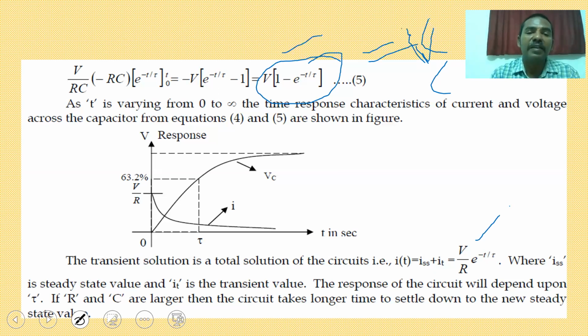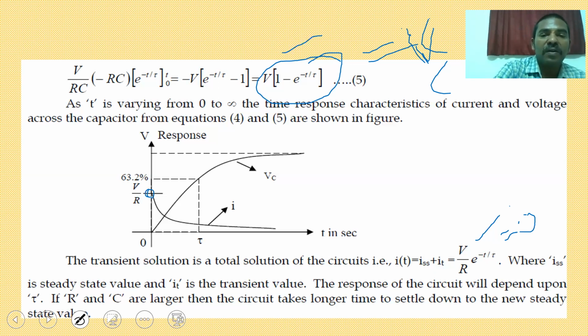V(1 − e^(−t/τ)). If t is equal to 0, e^0 means 1, so the value you get is V/R. That's why the current waveform starts with V/R.